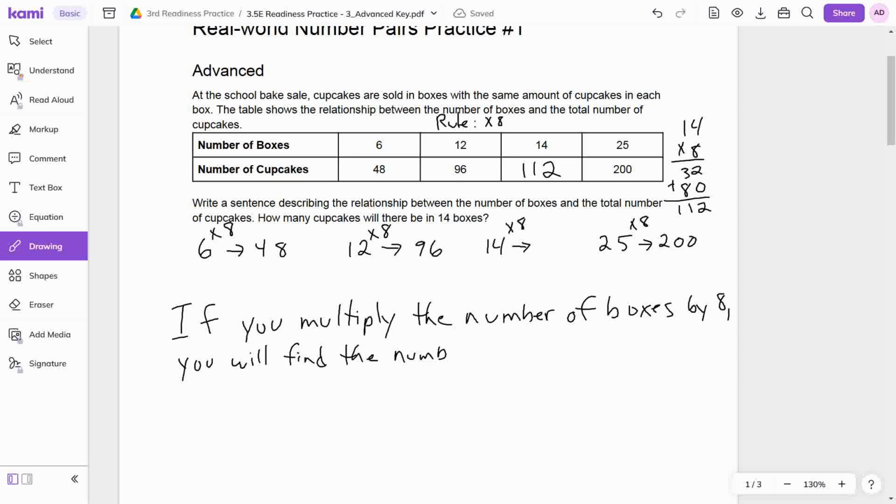So that's the relationship there. You're going to take your number of boxes, multiply it by 8, and you're going to get your number of cupcakes. Now, your answer might be different than mine, so I'll put this down here. Answers may vary. As long as you are using words and you're describing that relationship of multiply by 8, you'll be good.